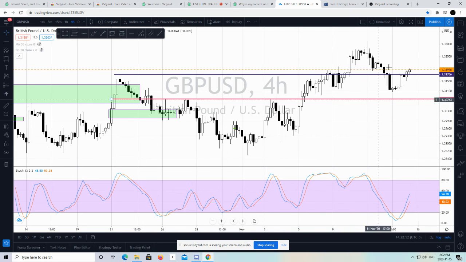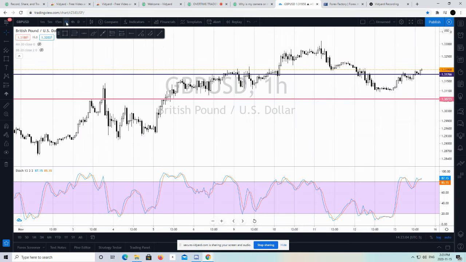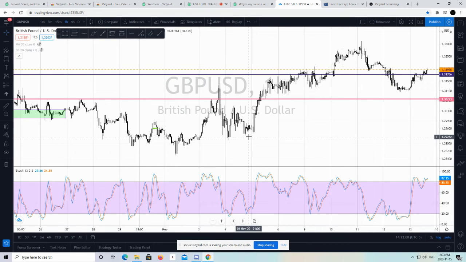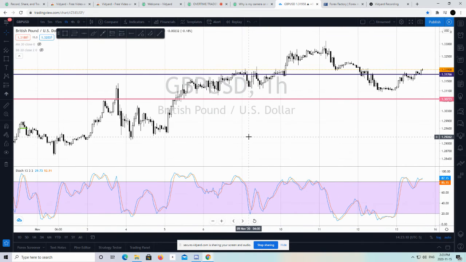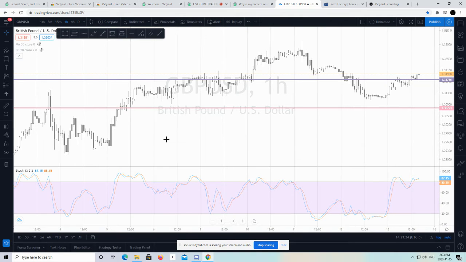So definitely GU, we're looking to go higher, because we also broke on our H1 here. We broke these highs here. We closed above, so I am definitely looking for GU to go higher.